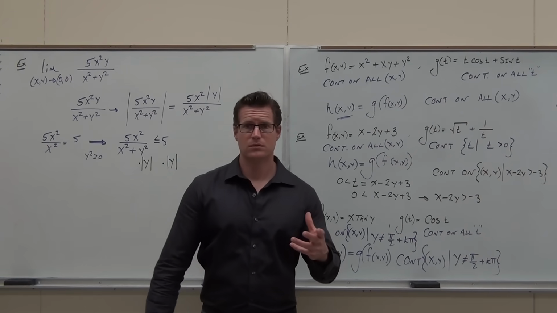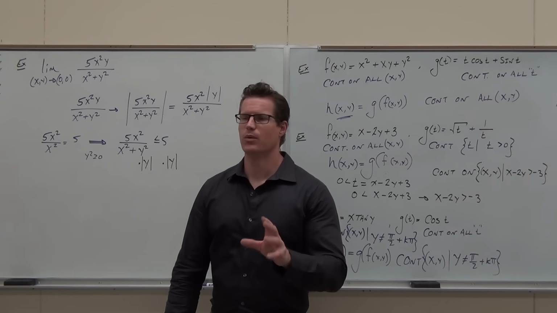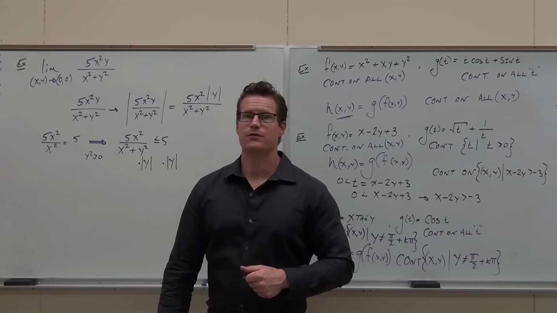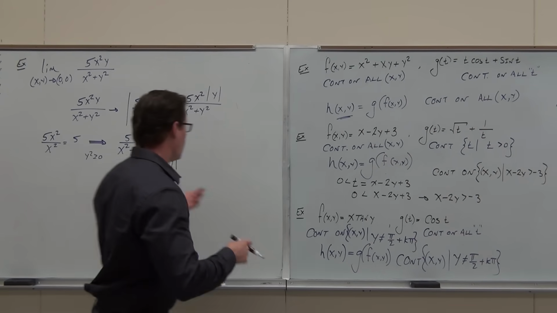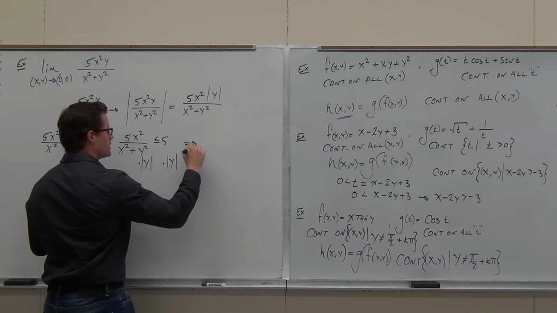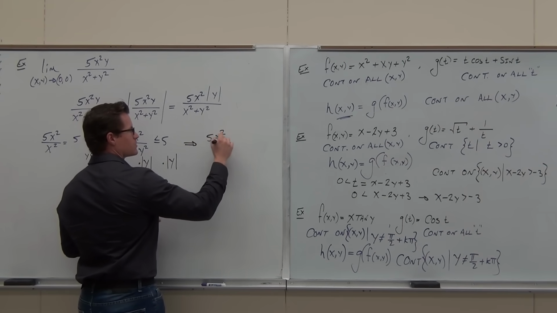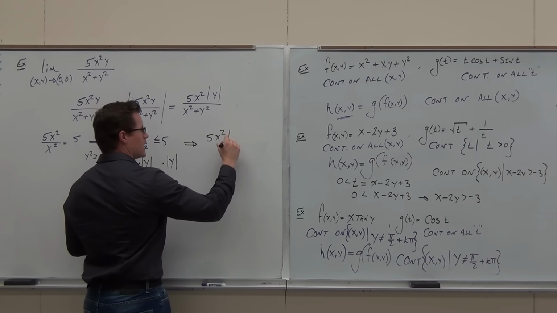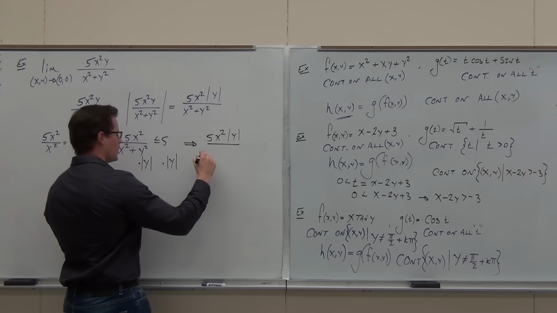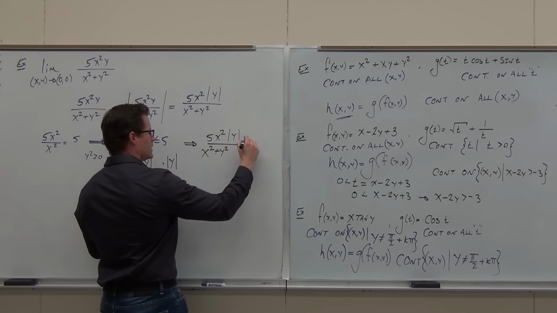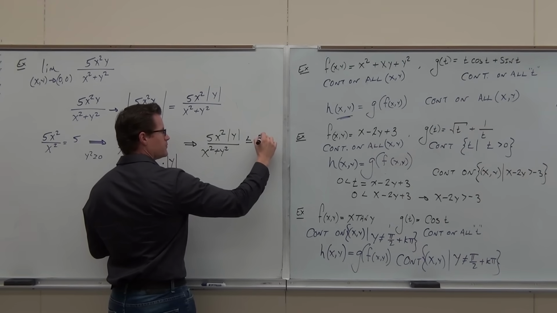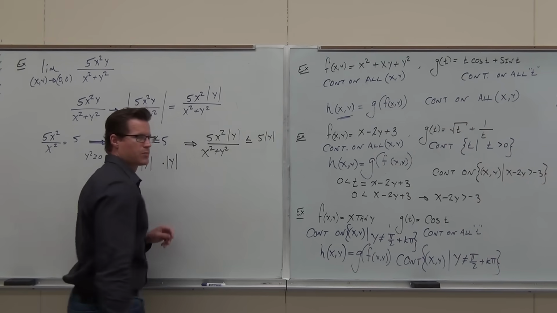However, if I force this thing to be absolute value, now I'm multiplying by what type of number? For sure positive. Do I have to flip the inequalities? No. Okay, what it gives us is 5x squared absolute value of y over x squared plus y squared is less than or equal to 5 absolute value of y.